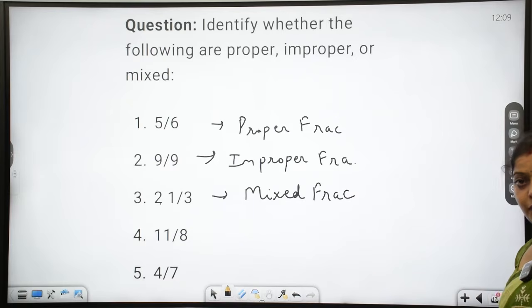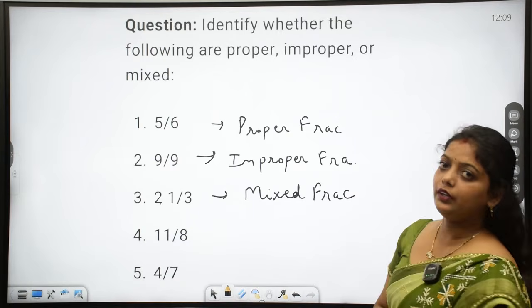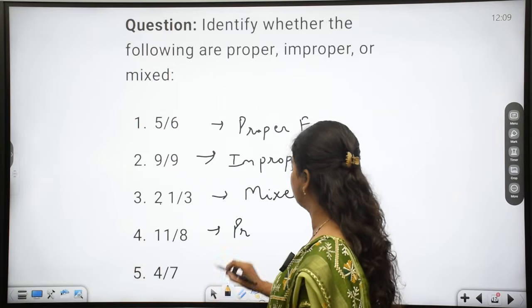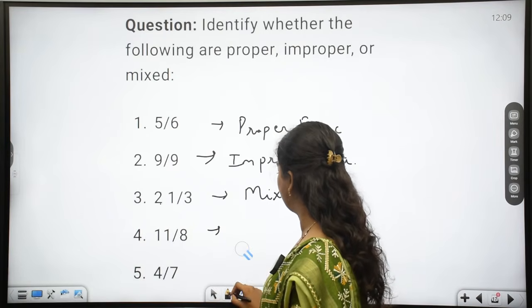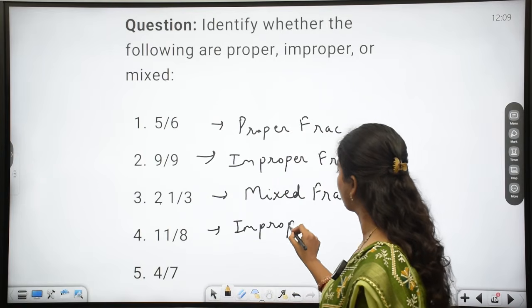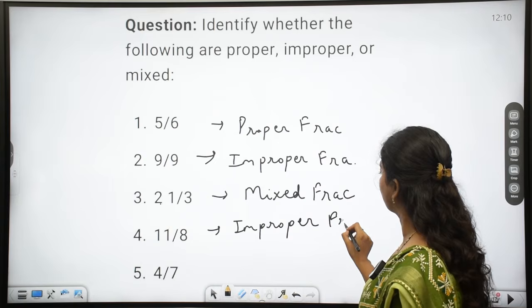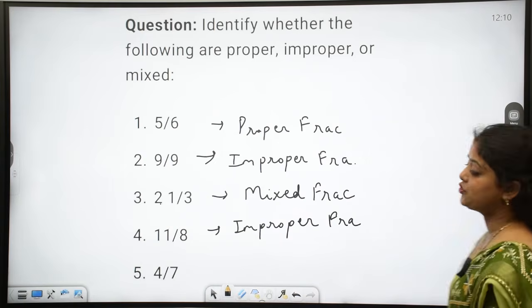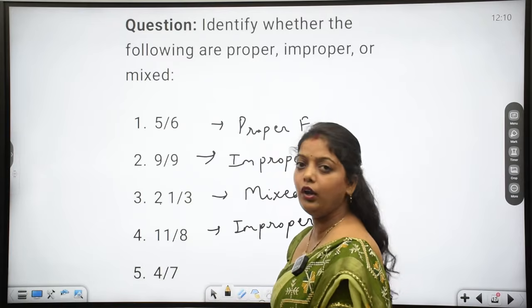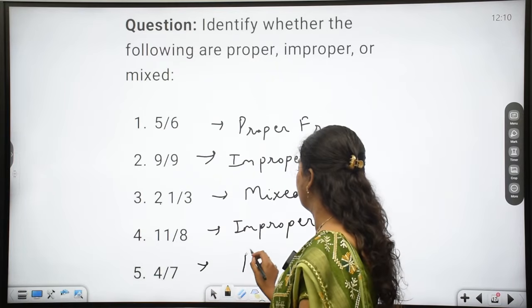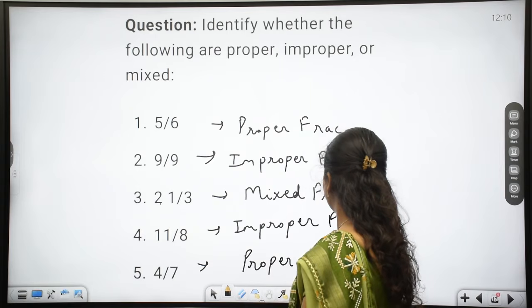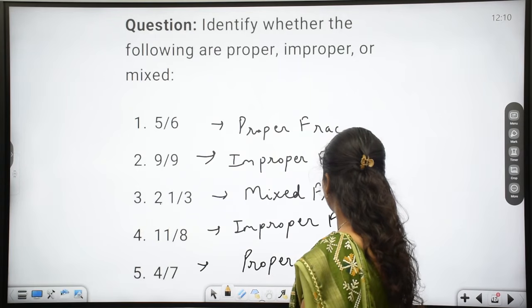Fourth one, 11 by 8, the numerator is greater than the denominator, that means this is also an improper fraction. And in the last one, 4 by 7 is given to you, and you can see here the numerator is smaller, so it is taken as a proper fraction. Hope this is clear to you.